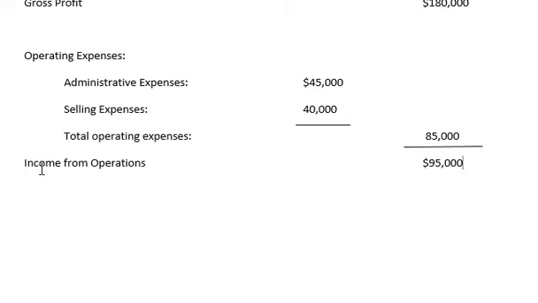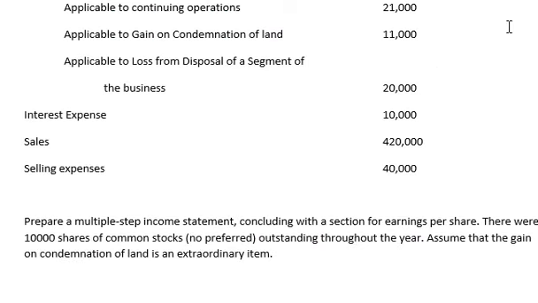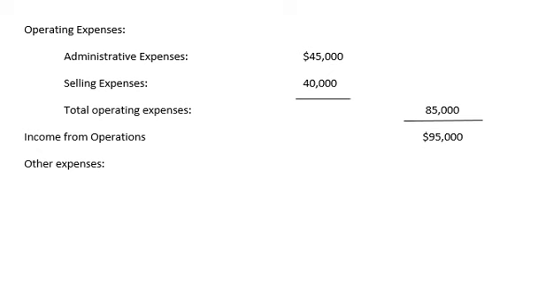Now we just finished income from operations. Now let's go to other expense. Other expense is expense not related to operating expense. In here we have only interest expense, so we put interest expense in here, and this one is 10,000.